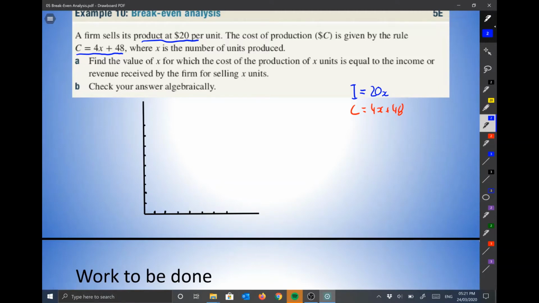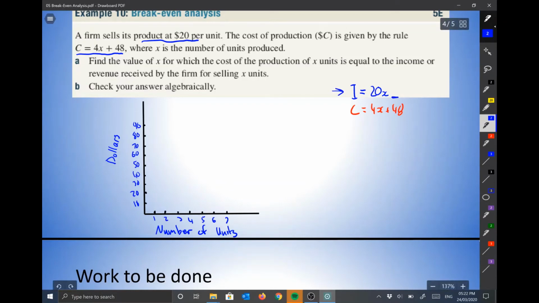So I've already drawn up some axes, now we just need to label them. Number of units goes on the bottom, and up the vertical axis we have dollars. Now we'll start off with the income line.